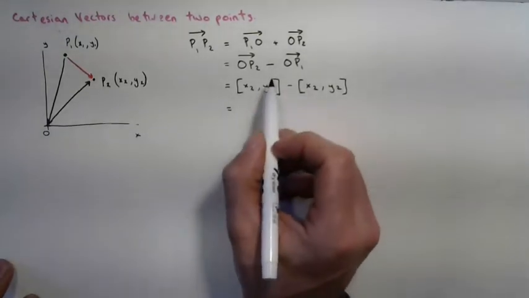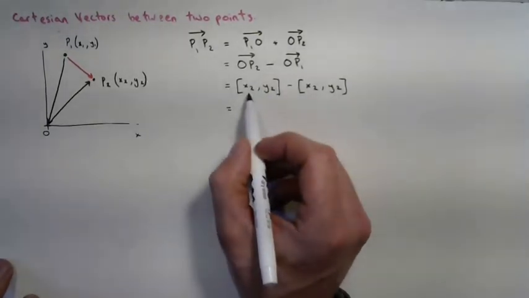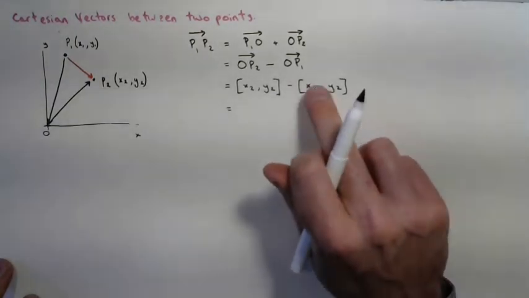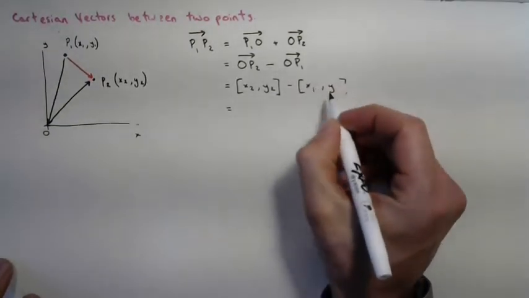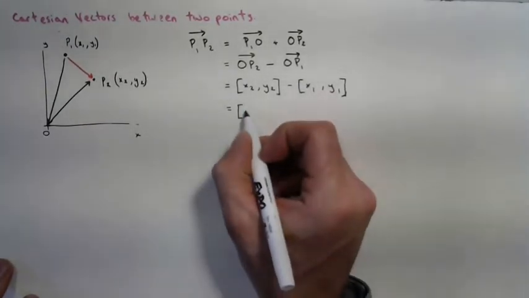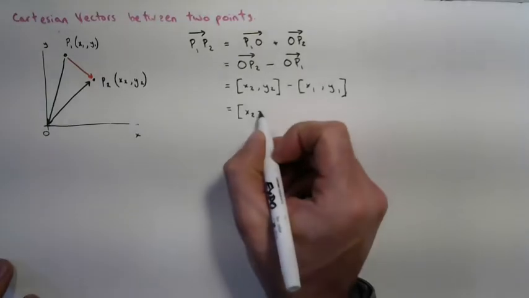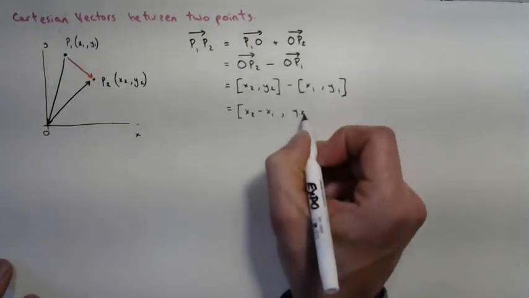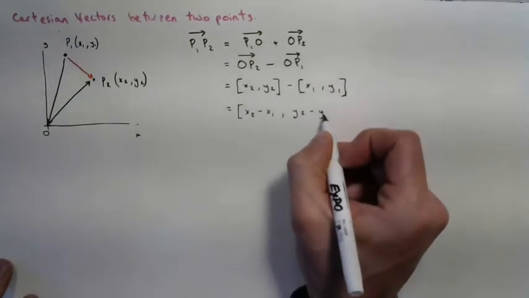In which case, we can finish the difference here by taking the horizontal component of each. Sorry, I wrote 2s, these should be 1s, x1, y1. Then all we have to do is take the horizontal component, x2 minus x1, and the vertical component, y2 minus y1.